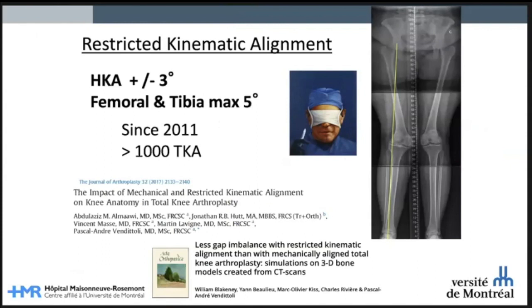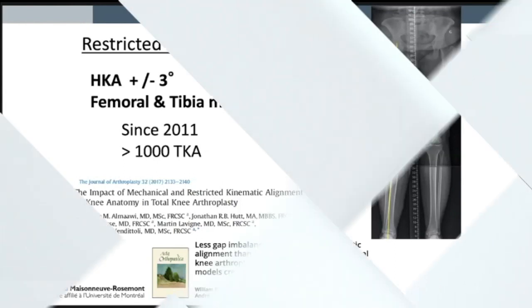With this protocol, our goal is to maintain the postoperative hip-knee-ankle angle within a margin of plus or minus 3 degrees, with a femoral and tibial cut of maximum orientation of 5 degrees according to their long mechanical axes. I have performed more than 1,000 total knee arthroplasties using this protocol since 2011, and we published some early results on this technique in different journals.